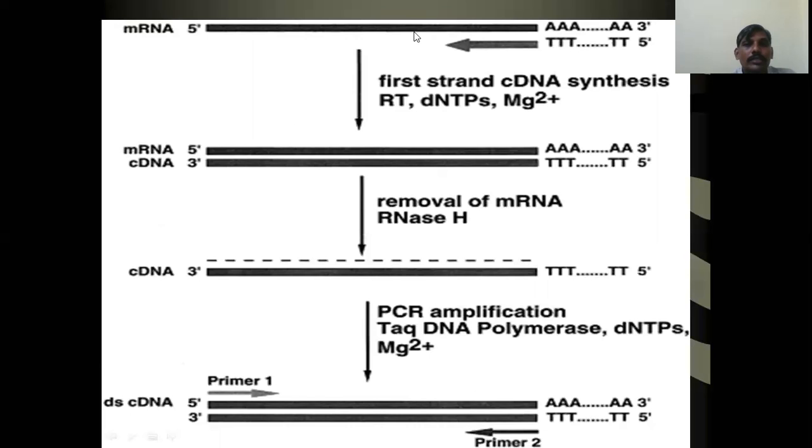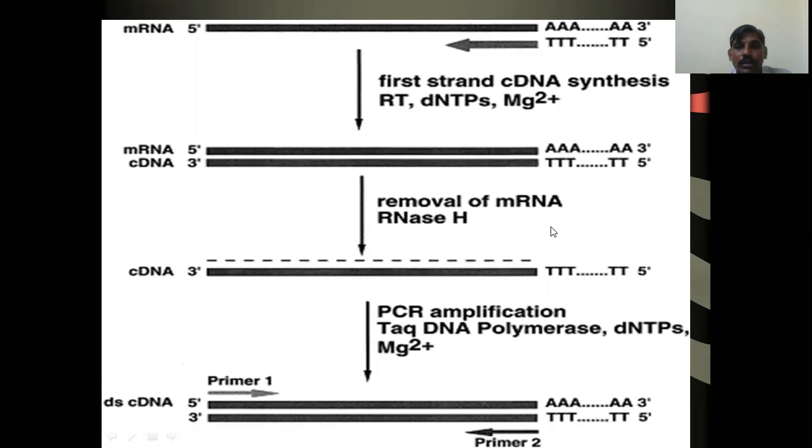See here, this is a single stranded mRNA. By addition of oligo-dT primers, we get cDNA with the help of RNA-dependent DNA polymerase enzyme. In this cDNA-mRNA hybrid, we remove the mRNA by digestion with RNase enzyme.